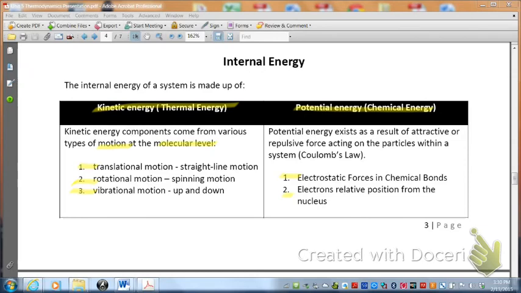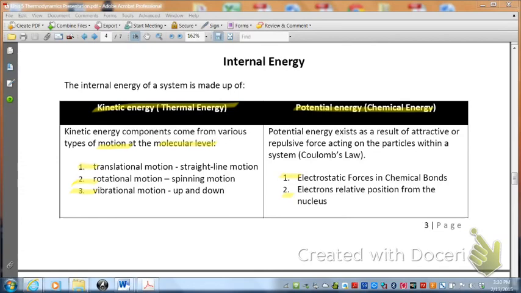As you recall, as an electron gets closer to the nucleus, the amount of potential energy decreases, but the further an electron is from the nucleus, the more potential energy it has. And so these two major factors create the potential energy that a system can have. So that is the two component parts of internal energy.